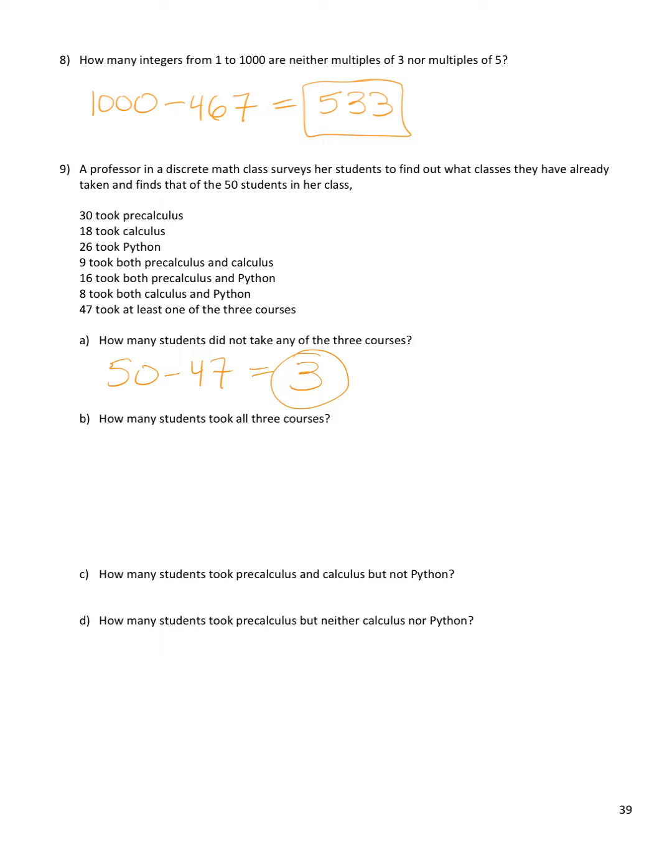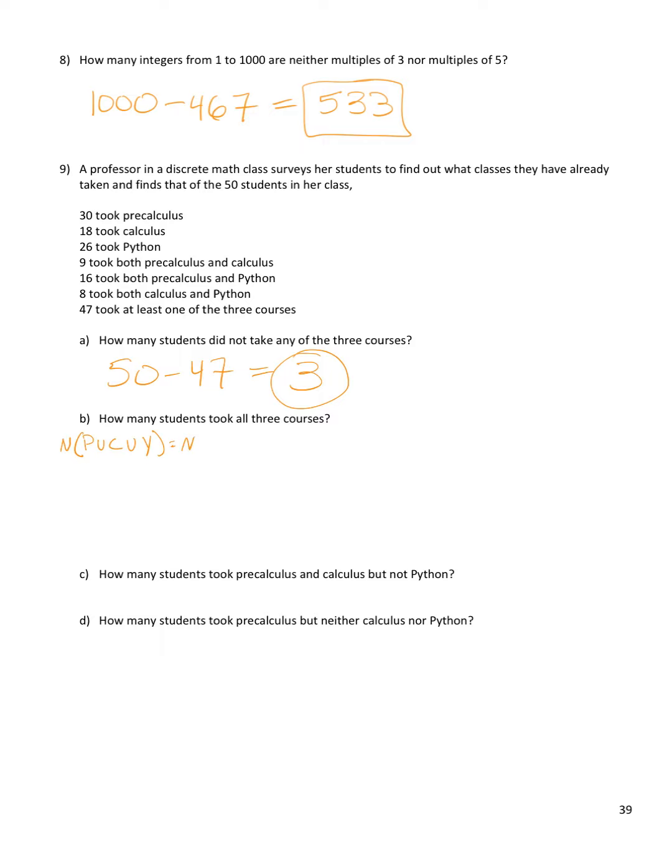Okay, how many students took all 3 courses? So I'm going to use the rule from the previous page that if I want to calculate the union, which is not what I want to calculate, but it's just the rule that we learned, the number of elements in the union of students who took pre-calculus, calculus, and Python. I'll use Y for Python so I don't have 2 P's.